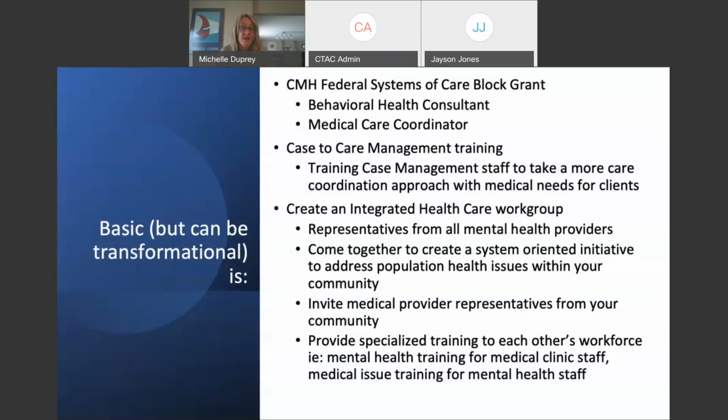What we have done in Detroit Wayne Integrated Health Network is they have a systems of care block grant, and there are many different programs run out of that block grant. But they added, and we're the providers for it, a pediatric behavioral health consultant within their systems of care block grant.